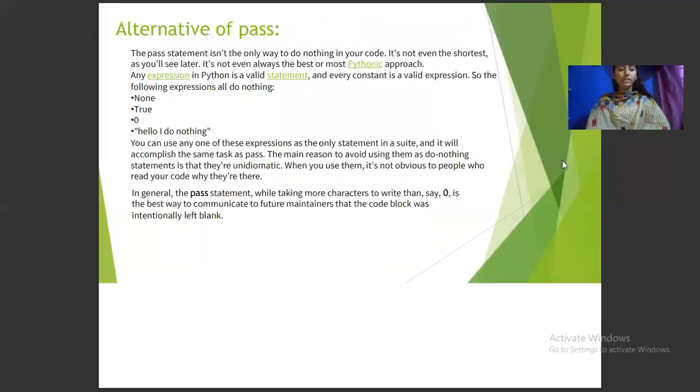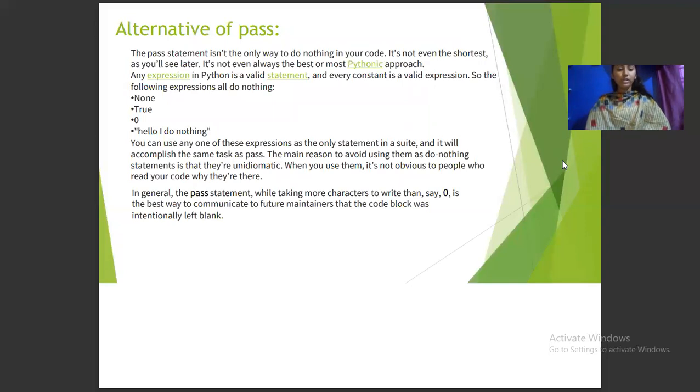Alternatives to pass. The pass statement isn't the only way to do nothing. In fact, it's not even the shortest, as you will see later. It's not even always the best or most Pythonic approach. Any expression in Python is a valid statement and every constant is a valid expression.